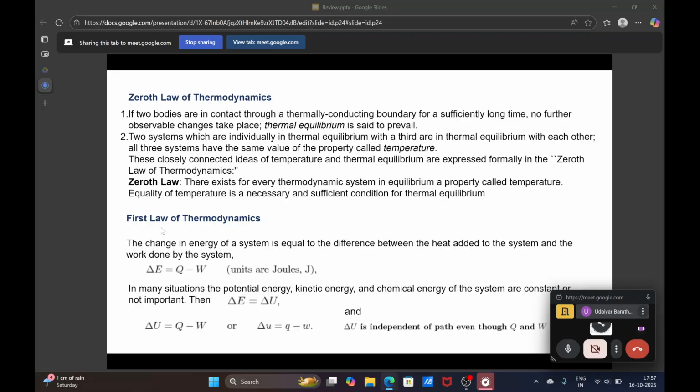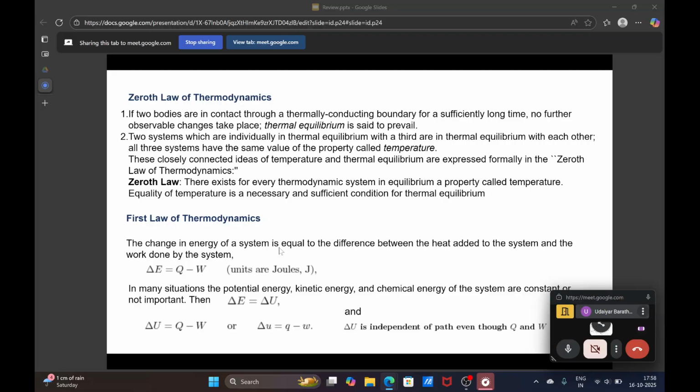Another way of understanding it is that there is a property called temperature. When all three bodies are at the same temperature, it is a necessary and sufficient condition which says that they are in thermal equilibrium. Then we saw the first law of thermodynamics.